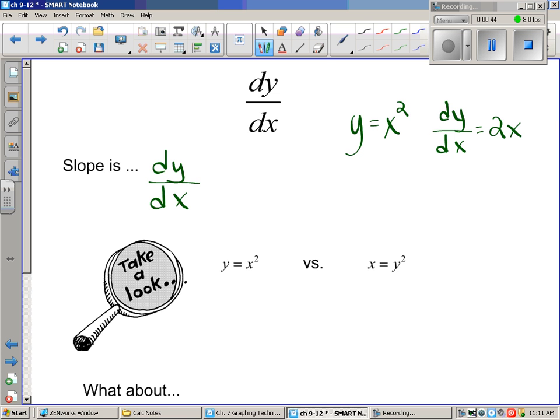But when it's written as x equals y squared, and we're going to look at this more in the video tonight that you're supposed to watch, as well as in the future of this chapter, what happens when it's not y equals, we have to make some adjustments.